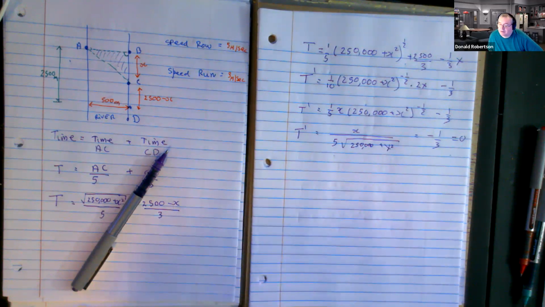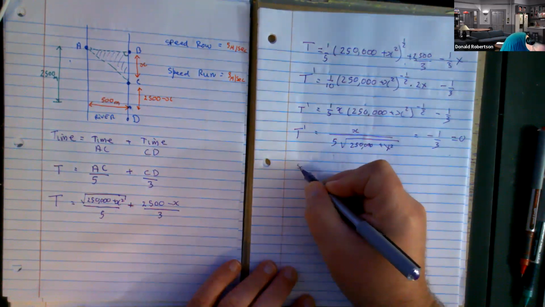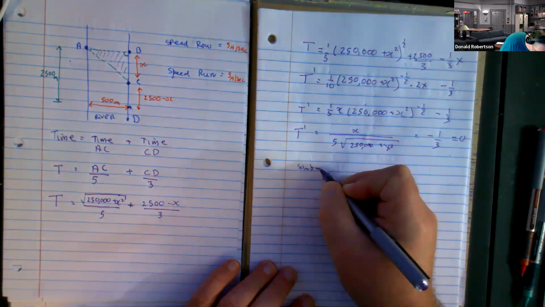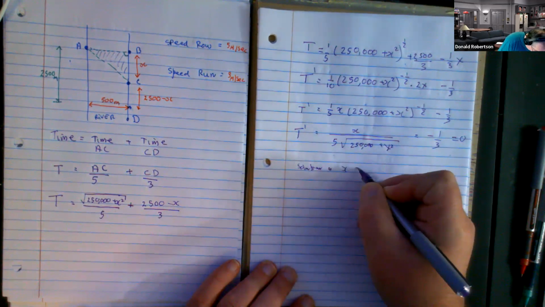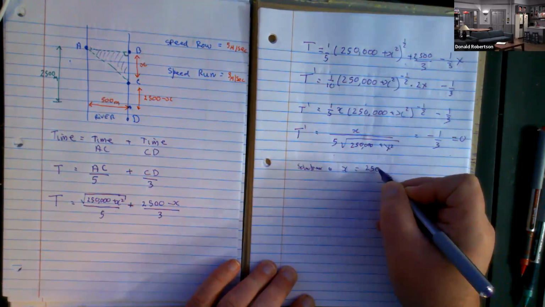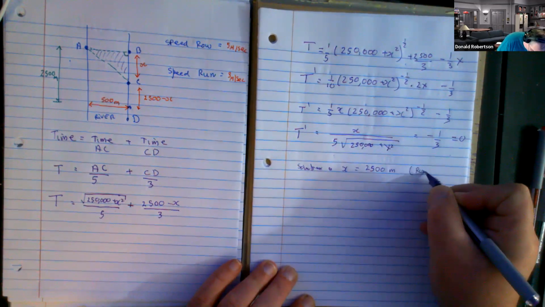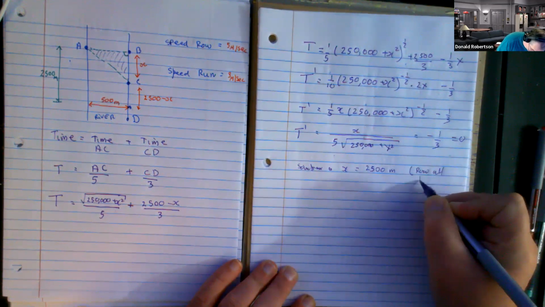Are you okay with that? So our solution is make x 2,500 meters. In other words, row all the way.